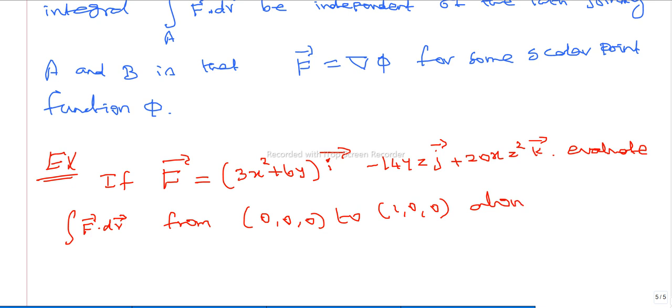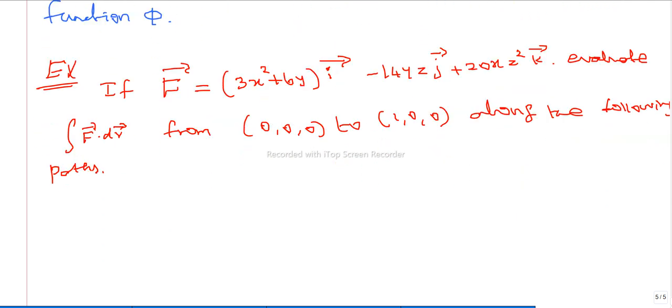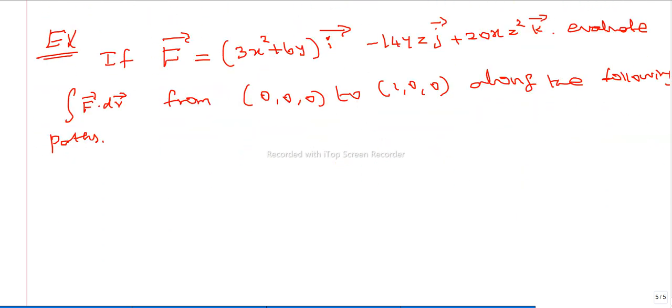So a equals 0, 0, 0 and b equals the end point, but we can reach these two points in many ways, along many paths. We evaluate the integral along the following paths. The first path is x equal to t, y equal to t squared and z equal to t cubed.